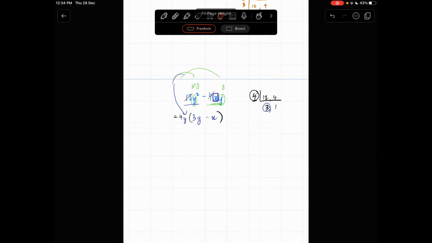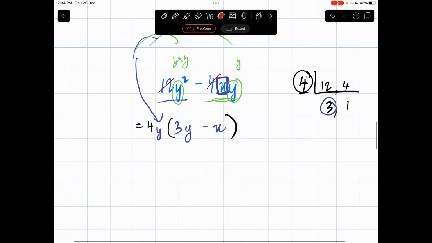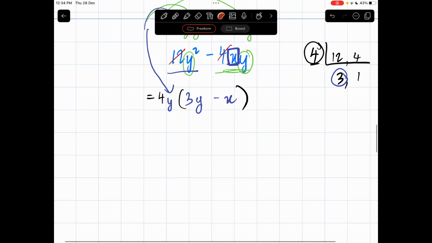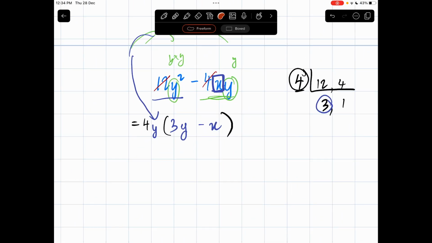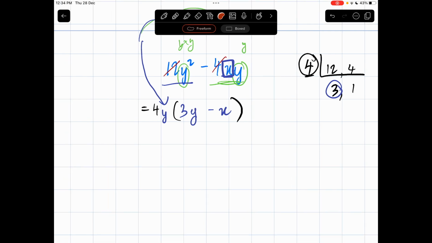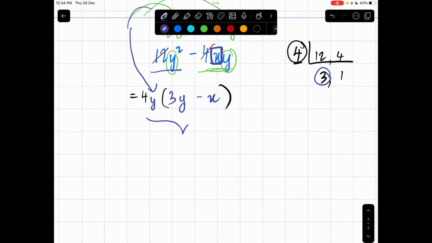You can always verify your answer by doing it the opposite way. To make sure that you factorized it properly, if you try to expand this expression, you should get back the initial question.